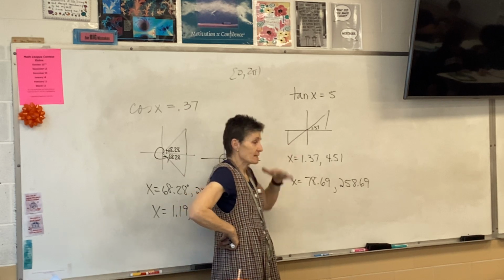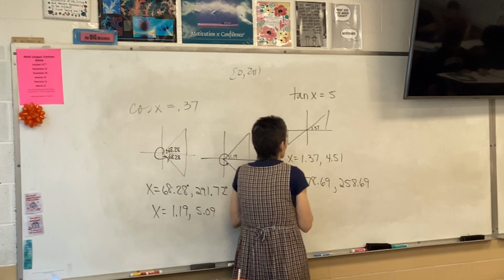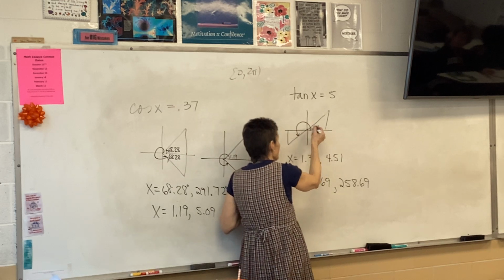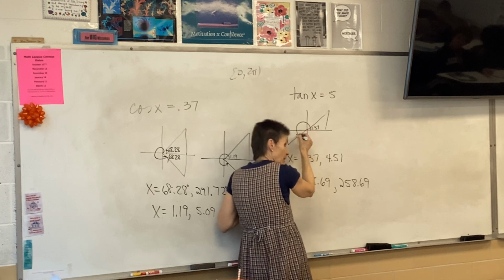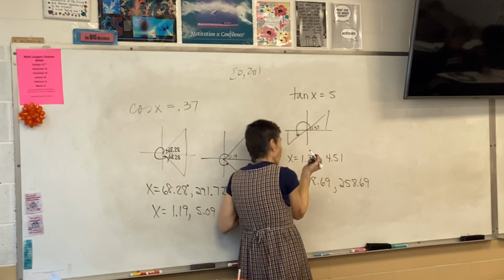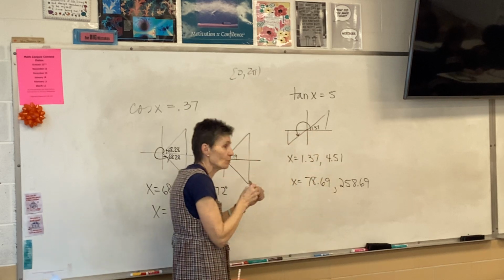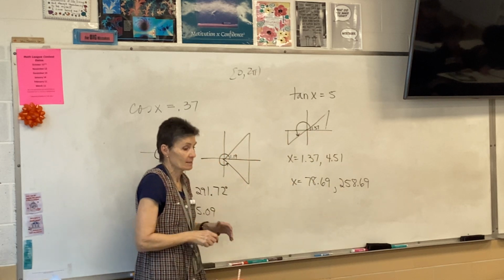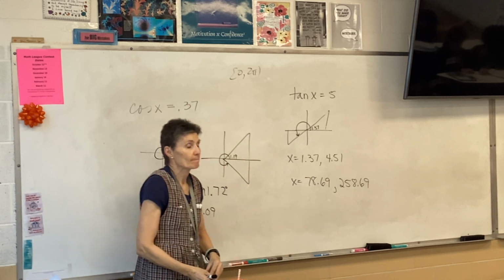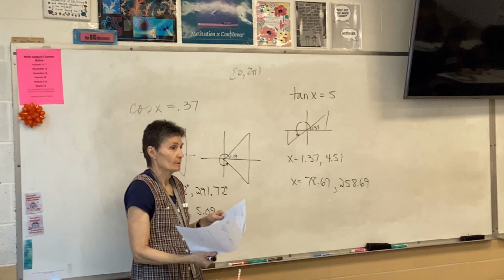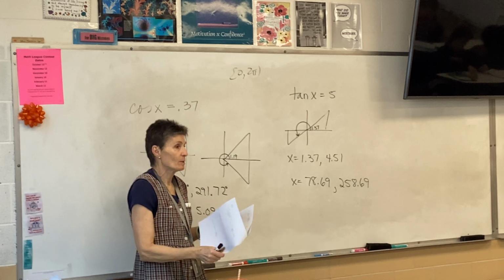Your second answer will be all the way over here in quadrant 3, which is pi plus the first one, or 180 plus the first one, depending on if you're in degrees or radians. The directions say do both. I would imagine on test day it'll be one or the other.